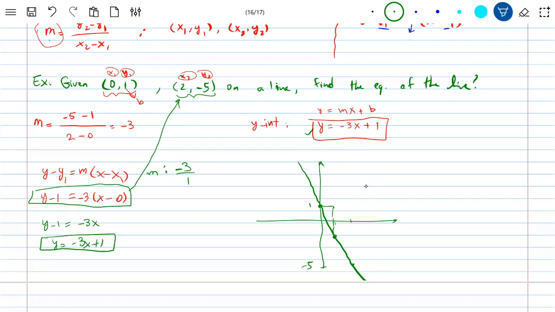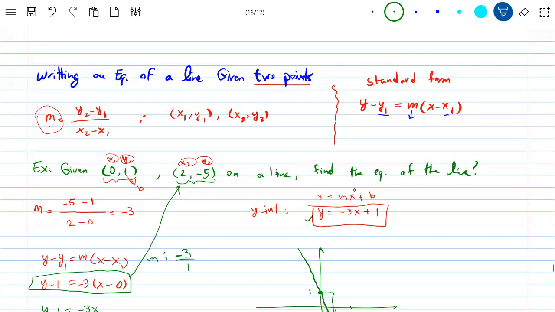I'll end up on the line again, at -2. You move 1 unit to the right again, then 3 units down. 1, 2, 3. You'll end up at the other point, -5. And so on. It's not necessary to find a million points; just 2 points is enough to draw a straight line. So if you have 2 points, you can always do that.